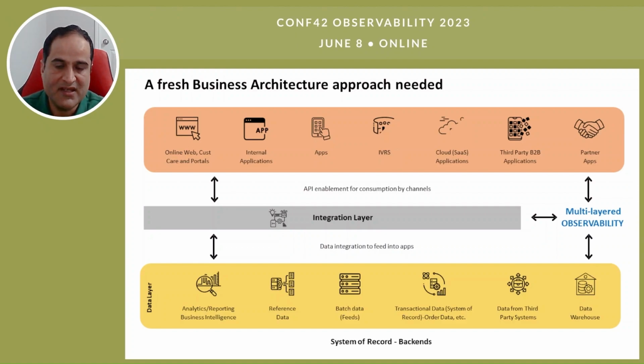Now, what is happening is these all are giving multiple transactions, and thanks to the cloud environments, it's getting into hyperscaling. What is required is a fresh business architecture approach, where we can establish the multi-layer observability. Multi-layer observability, it can tie in through the front-end applications.